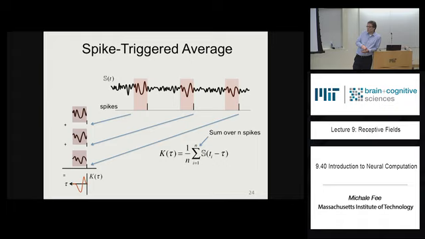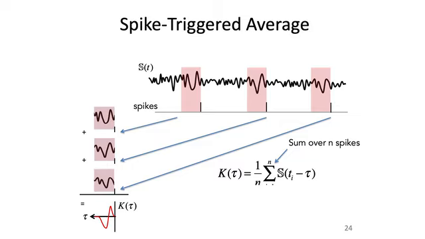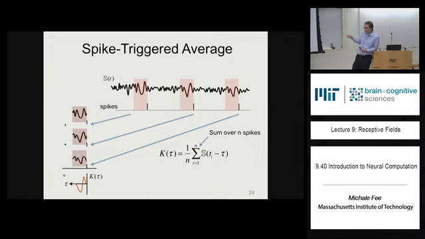Yes? Because the time they have to take will be longer than the time between the two spikes. Yeah, so I think what you're saying is that that stimulus is very slow, and it doesn't have the fast fluctuations in it that make the neuron spike.